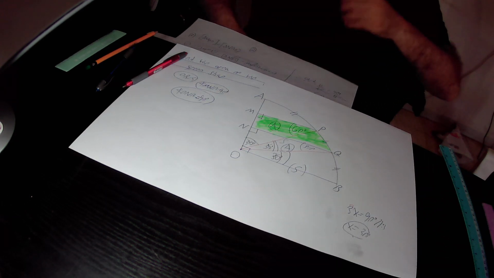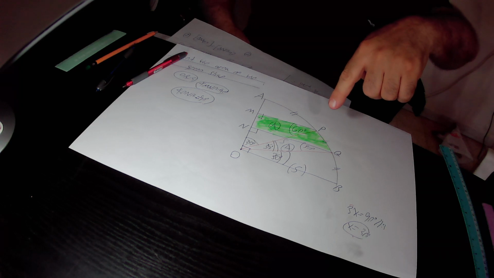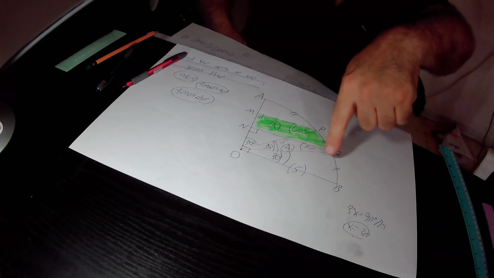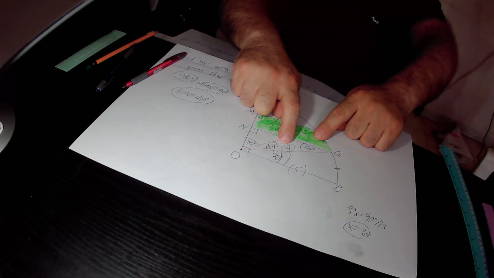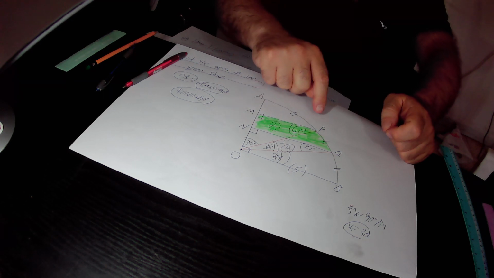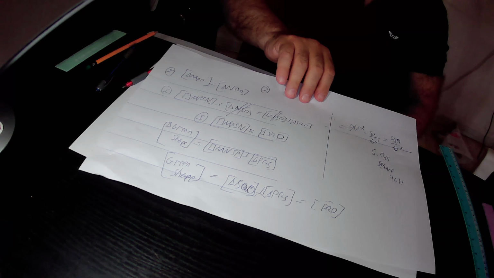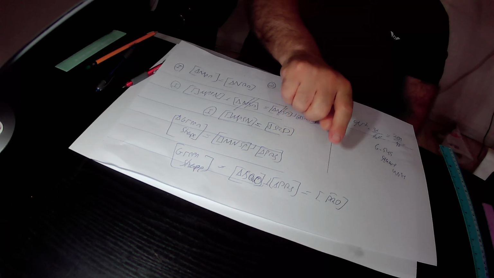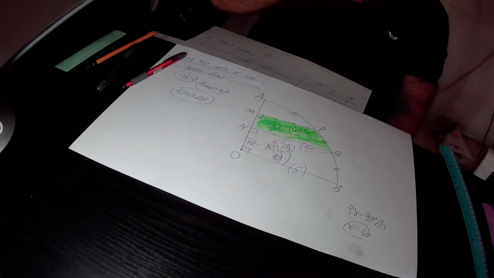And again, the area of the green shape equals the area of triangle PSQ plus the area of triangle SOQ. And the sum of the areas of those two triangles equals the area of sector POQ. So in total, the area of the green shape equals the area of sector POQ.